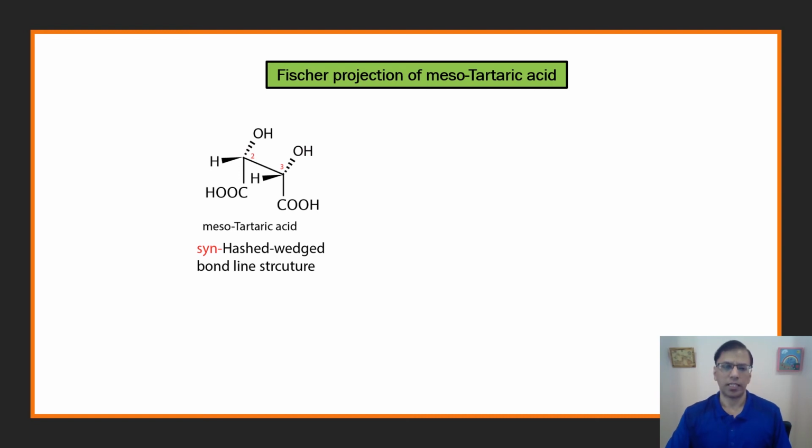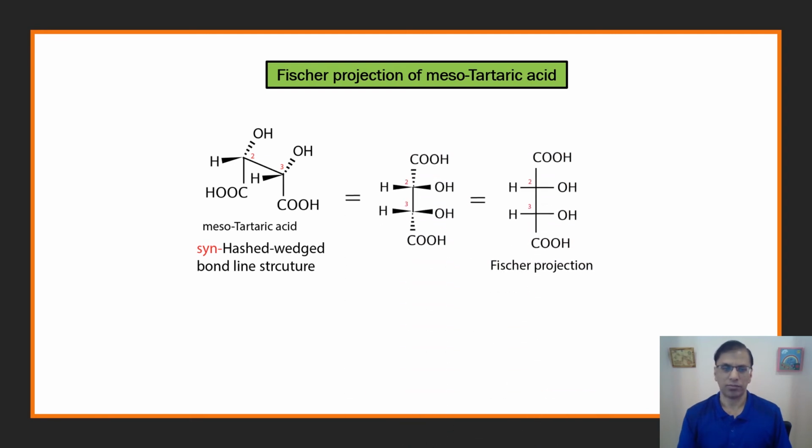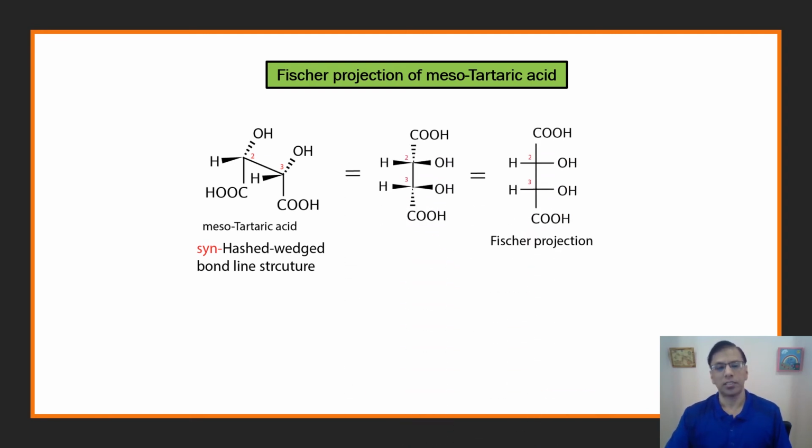In order to draw the Fischer projection structure, you'll have to make sure that the horizontal lines, in this case the hydrogen and OH, are the horizontal lines, and the carboxyl group and the carbon bond is the vertical line. So that's how you draw the Fischer projection of meso-tartaric acid.